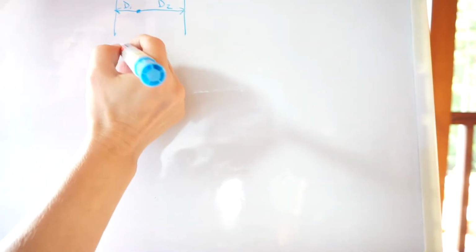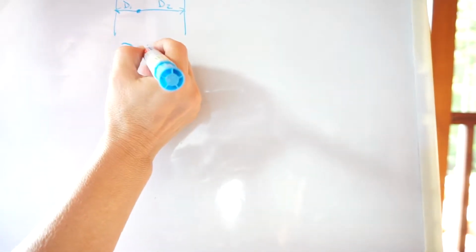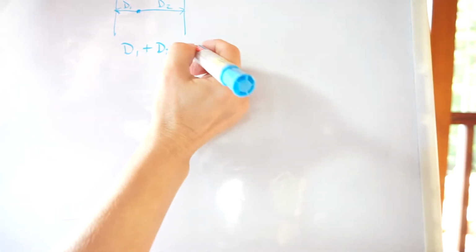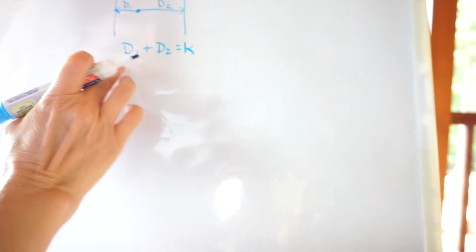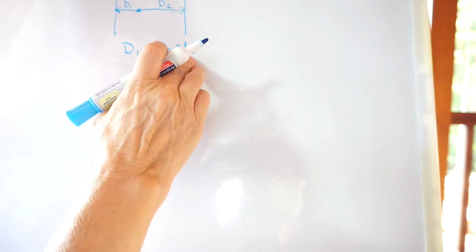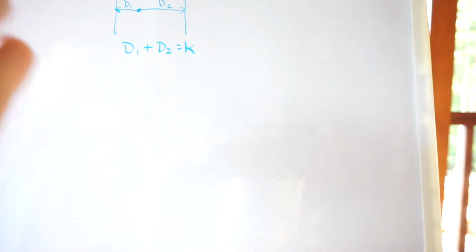But the fact is that distance 1 plus distance 2 is equal to some number, and we'll just call it k for now. They'll give you what this number is, what this distance plus this distance is equal to.